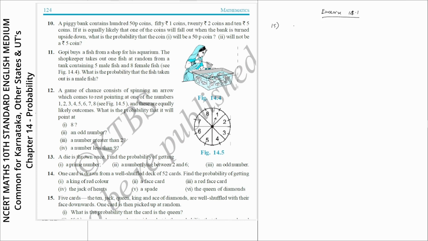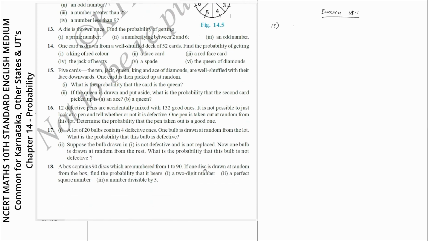Exercise 14.1, question number 15. 5 cards, the 10, jack, queen, king and ace of the diamonds are well shuffled with their faces downwards. One card is then picked up at random. What is the probability that the card is queen? If the queen is drawn and put aside, what is the probability that the second card picked up is an ace? And a queen?